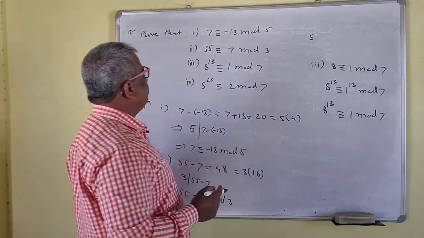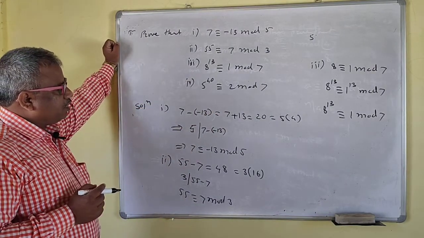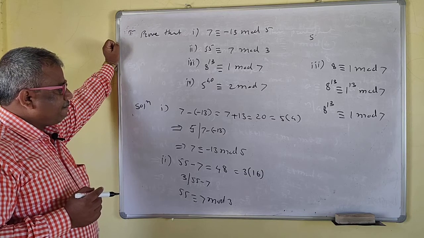Now for 5 and 7, you want 2 here. So what to do?